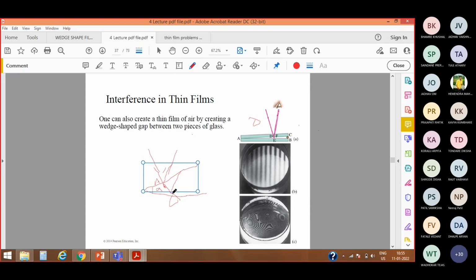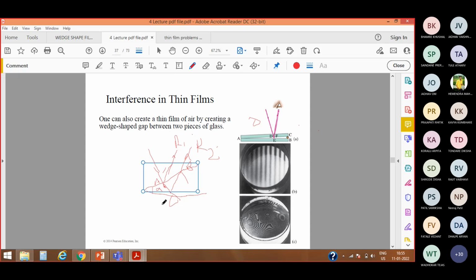Some part of light gets reflected, then it reaches point B. At point B also some part is transmitted and some part of light is reflected. So we are getting two rays from the wedge-shaped thin film, that is R1 and R2.